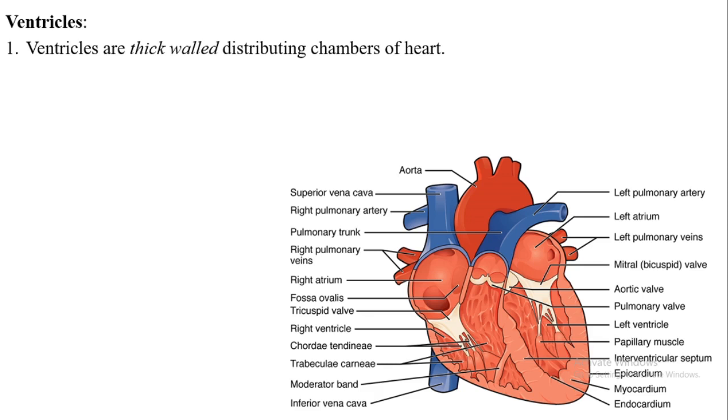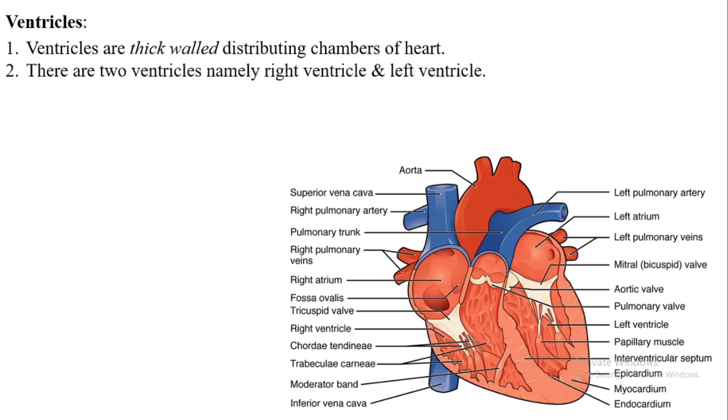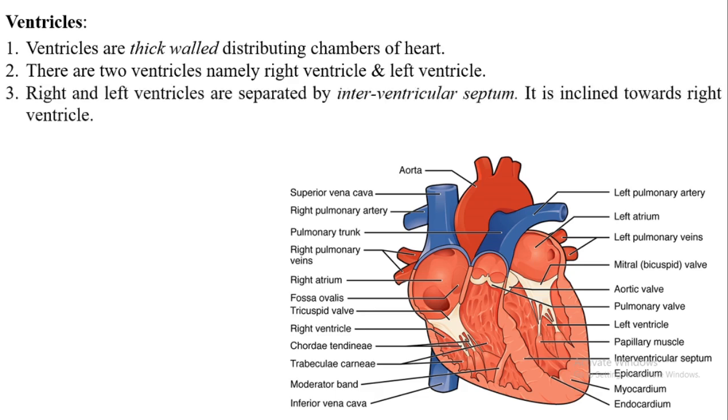So hence they are distributing chambers of the heart. There are two ventricles. Like auricles, there are also two ventricles, right ventricle and left ventricle. And here also right and left ventricle are separated by interventricular septum. But this interventricular septum is slightly inclined toward right ventricle.